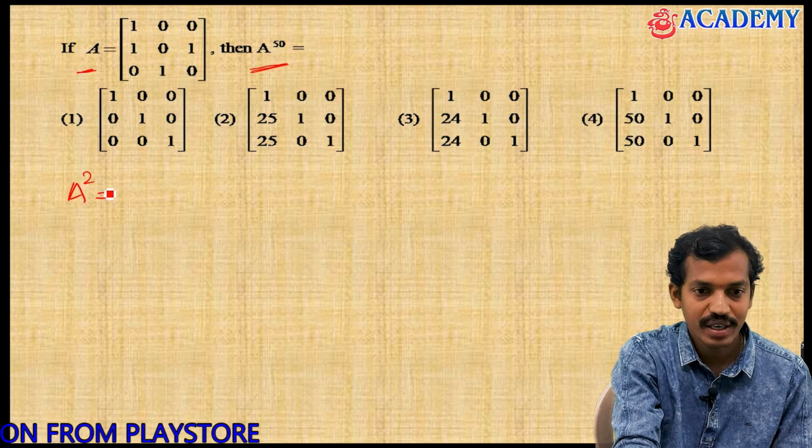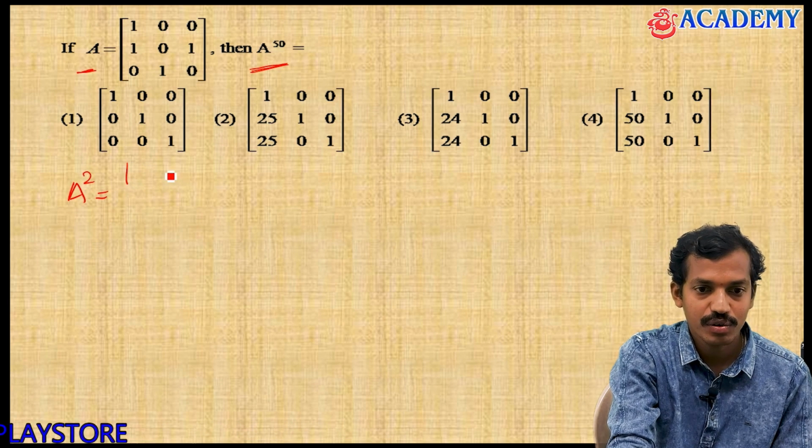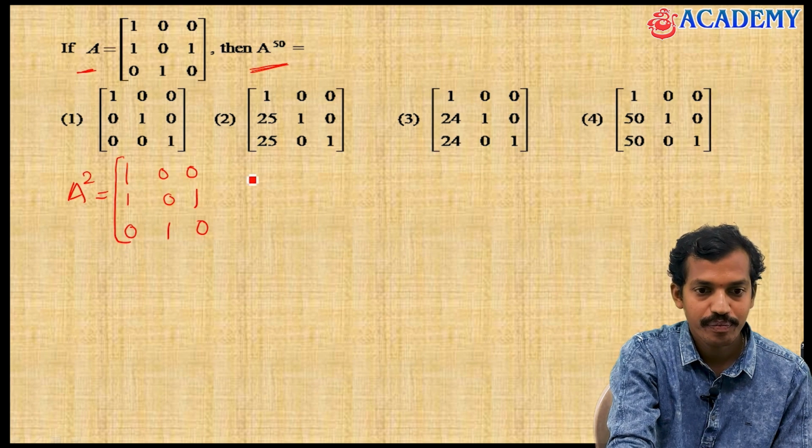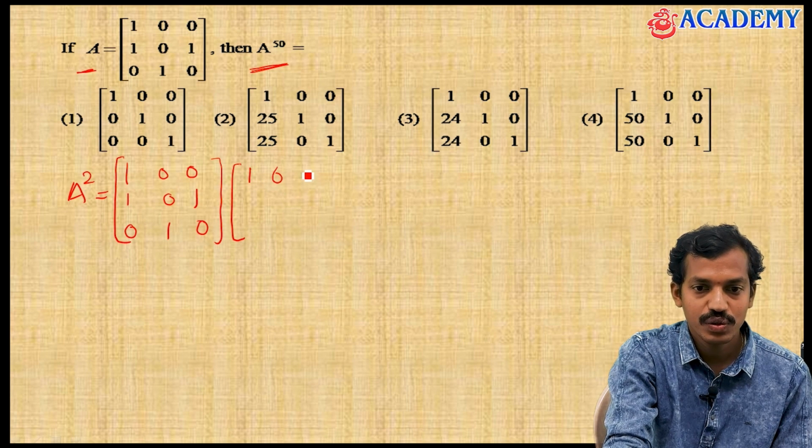From here I am writing A square. A square means you have to multiply the matrix 1 0 0, next 1 0 1, next 0 1 0, and multiply with the same matrix, 1 0 0, next 1 0 1 and 0 1 0.